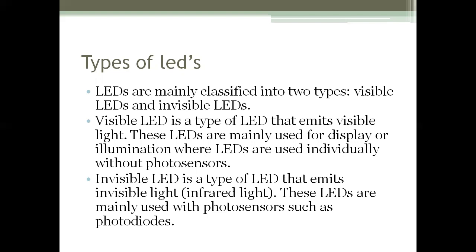And all those use invisible LEDs, whereas visible LEDs are most of the time used in series bulbs and the like. Whatever the LED may be, the output depends upon the material you have chosen for the fabrication of the LED.